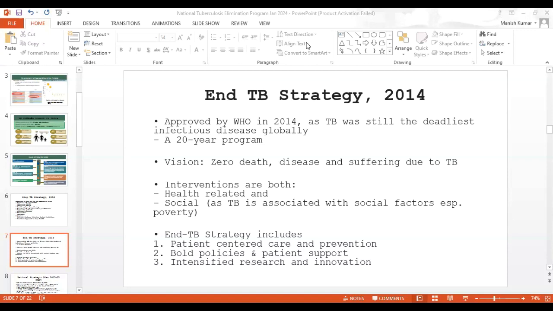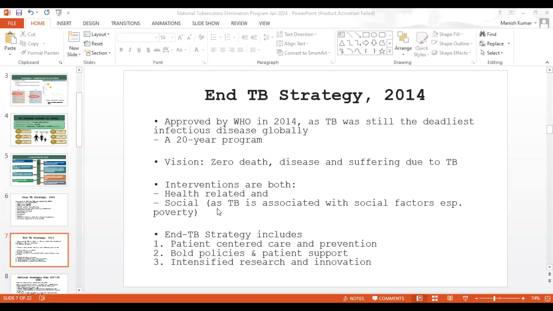The interventions under this End TB strategy are health related as well as social. Initially, in the first class, we talked that there are multiple aspects when we are talking about health. This does not include only medicinal aspects, there is a social aspect to disease also. So the End TB strategy covered those aspects too.